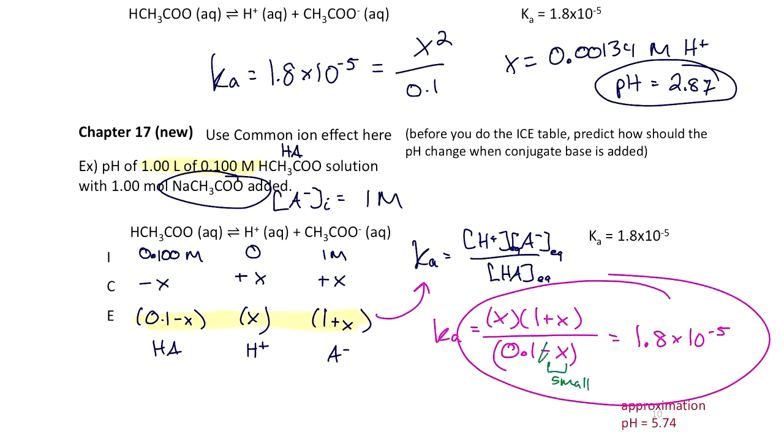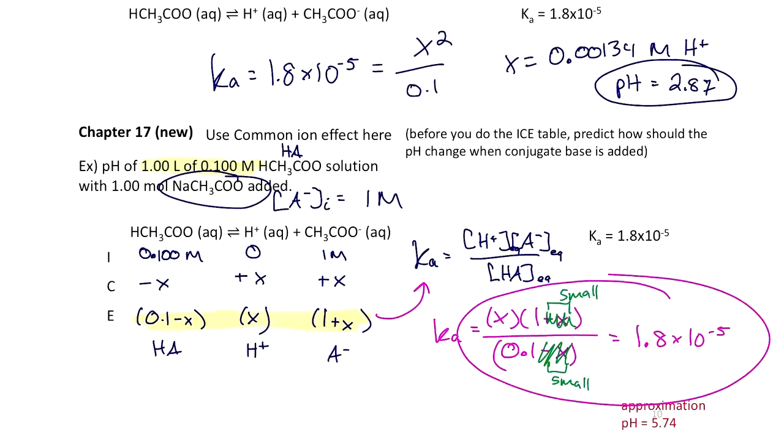Yes. Is there another x in this equation that's screwing us up? Yes, the top one, right? But let's think about it. You already told me plus x minus x is going to be really small. So if you subtract a really small number from 1, is it going to change 1 that much? It's not. So we can also say that top plus x is very small, so we can ignore it.